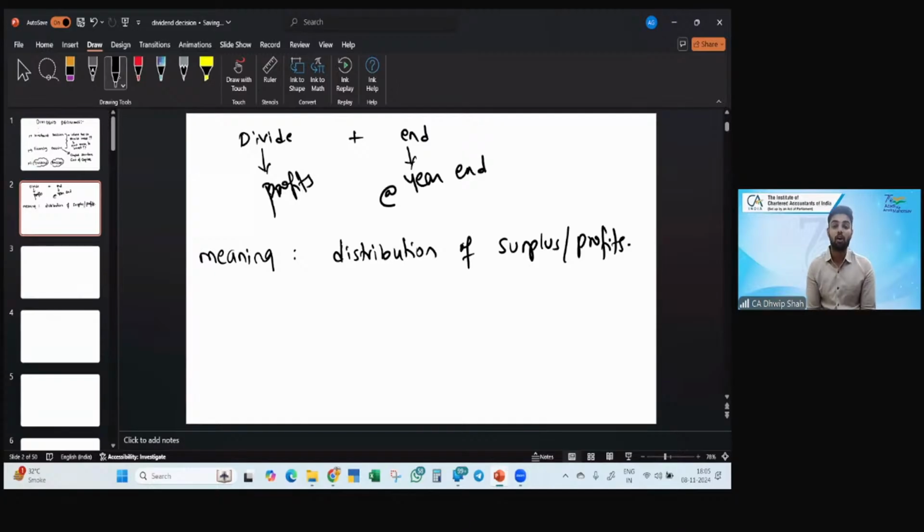Okay. Now, what is the objective of this chapter? What is the ultimate objective of the dividend decision chapter?